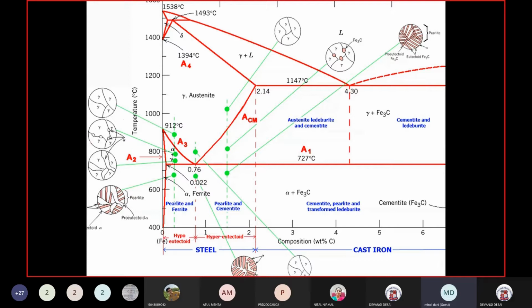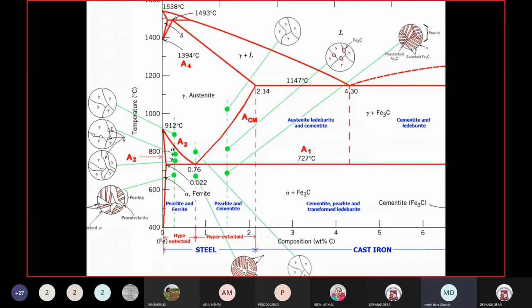If you are interested, it is better to draw this while I am explaining, so you can learn and get the idea also. First you draw the x and y axis.